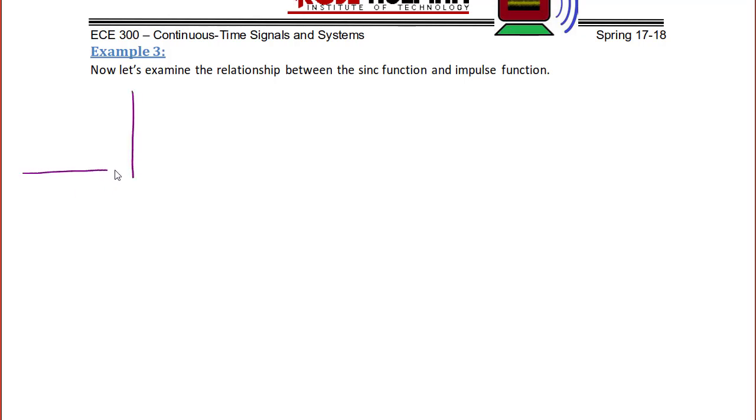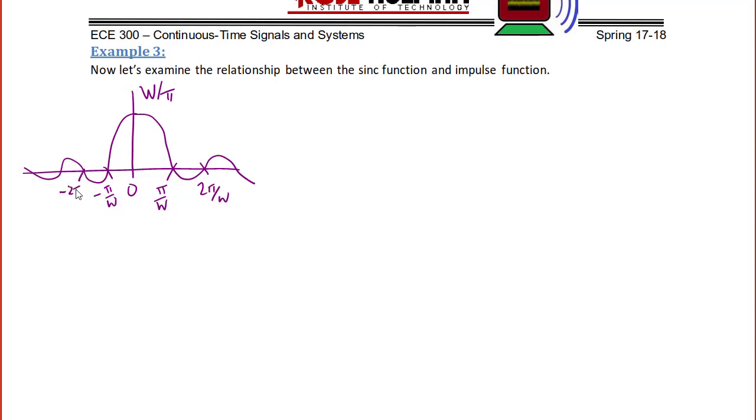Recall we had a sinc function with an amplitude of w over pi at the origin, and that the zero crossings were pi over w, 2 pi over w, negative pi over w, negative 2 pi over w, and the limit as w approaches infinity became an impulse function at the origin that has an area underneath of 1.